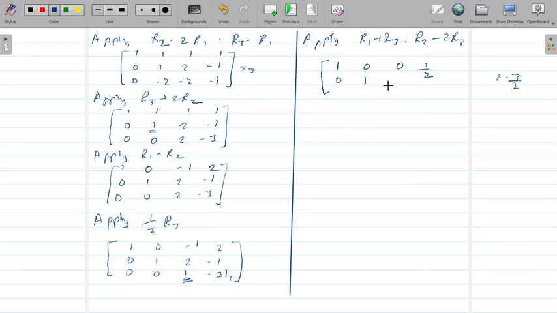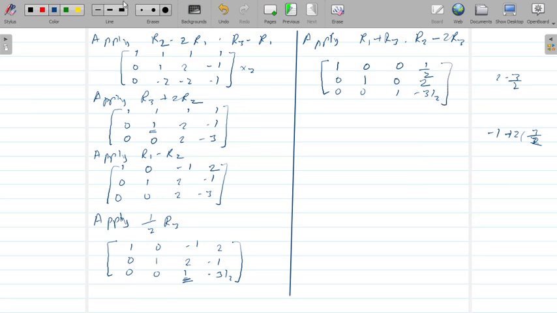Then this 2, we are multiplying this by 2, so 2 minus 2 becomes 0, and then minus 1 minus 2 times 3 by 2, so minus 1 plus 1... that becomes 2, and then 0, 0, 1 minus 3 by 2.